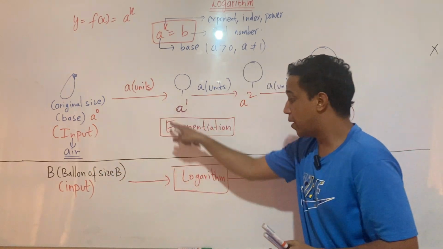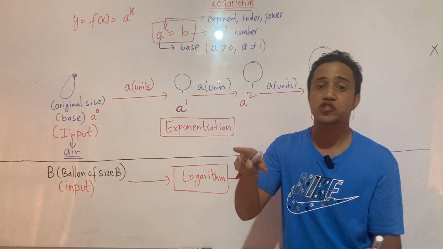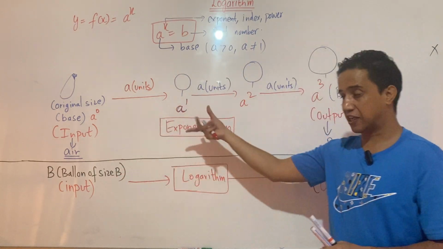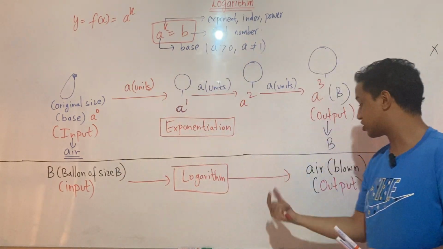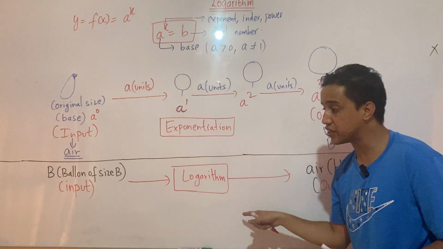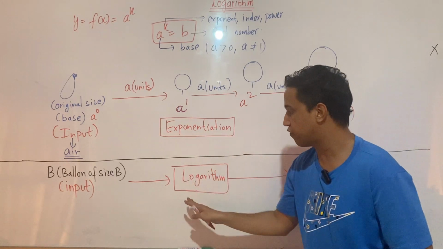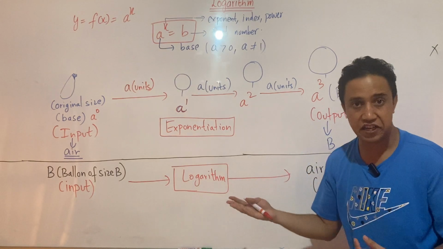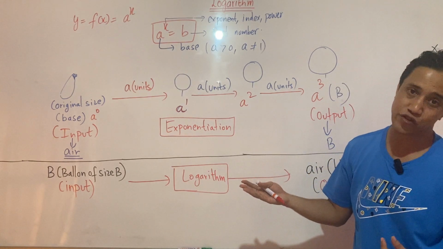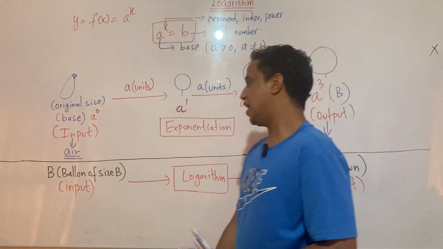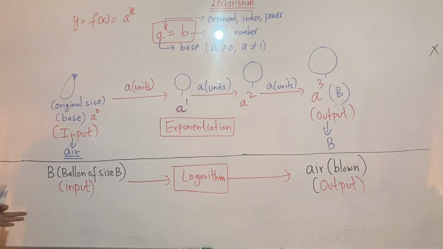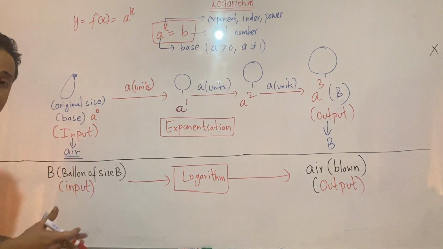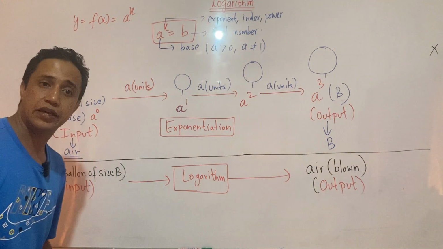So both processes are inverse of each other, meaning that the input of the exponentiation process becomes the output of the logarithmic process, and the input of the logarithmic process becomes the output of the exponentiation process. Understand? So how can we do it? We have to go back in time, right?